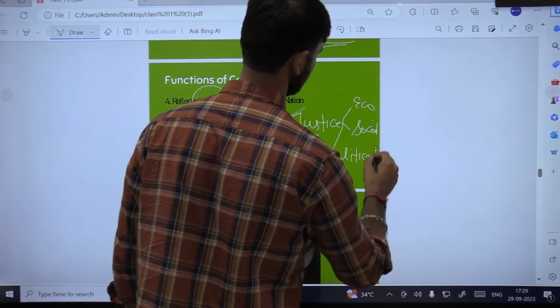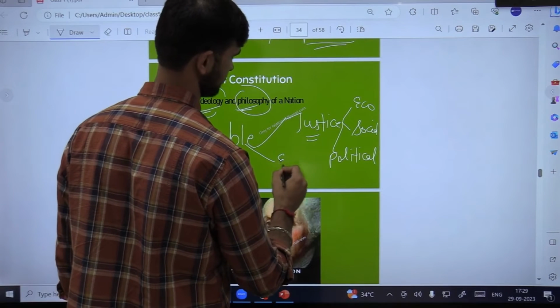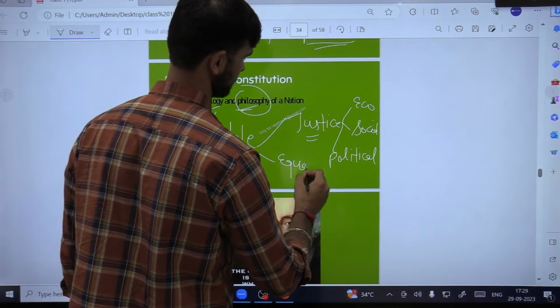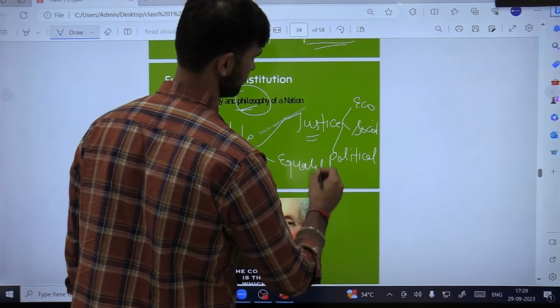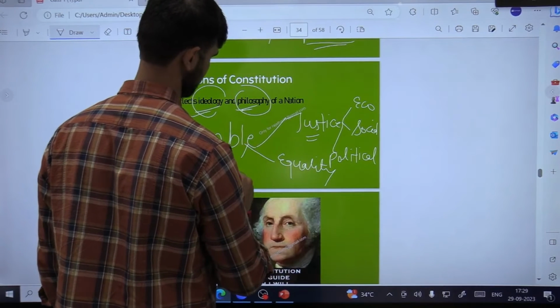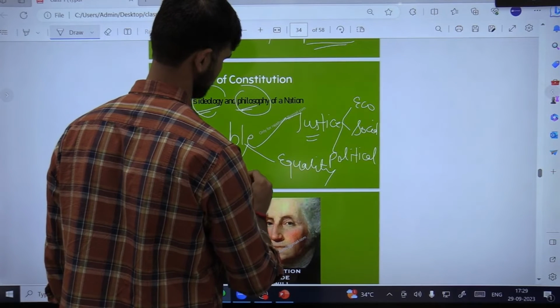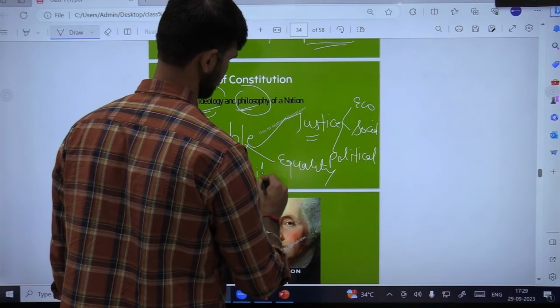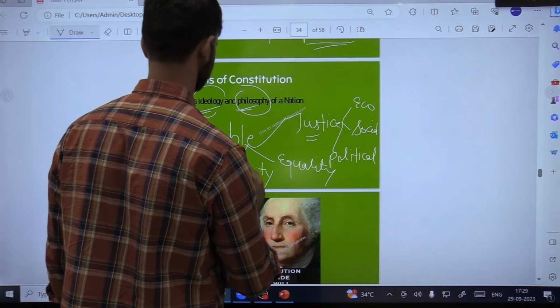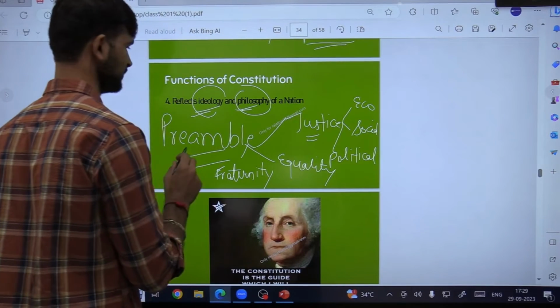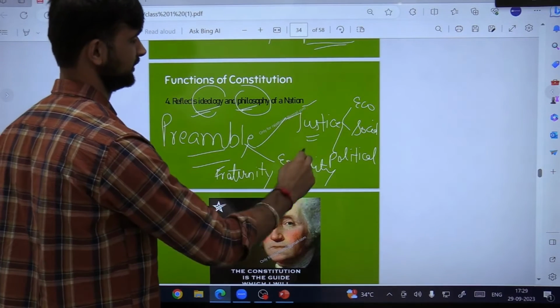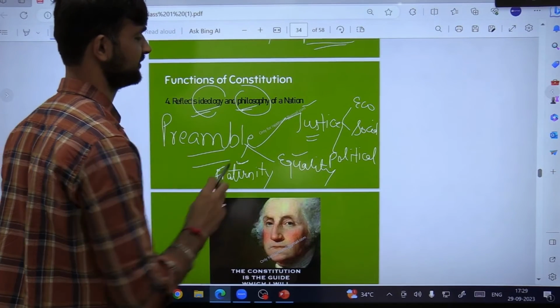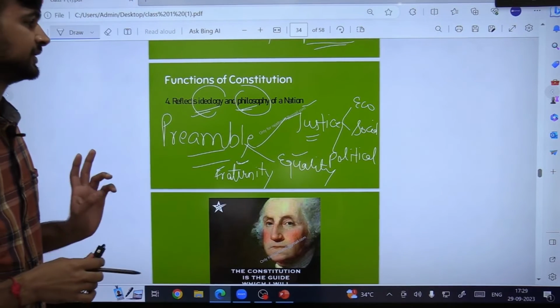The preamble talks about equality, fraternity. So these are the ideals we want to achieve by drafting and framing the Constitution of India.